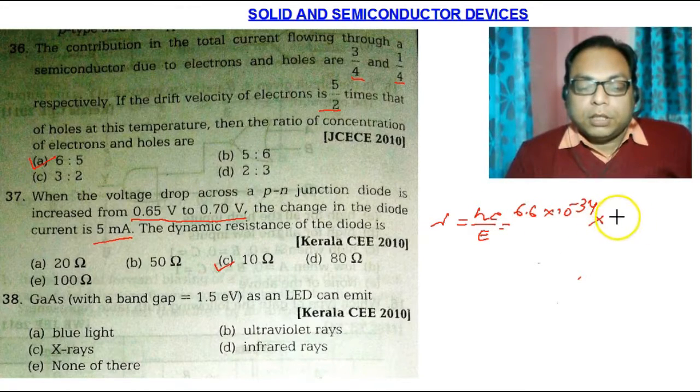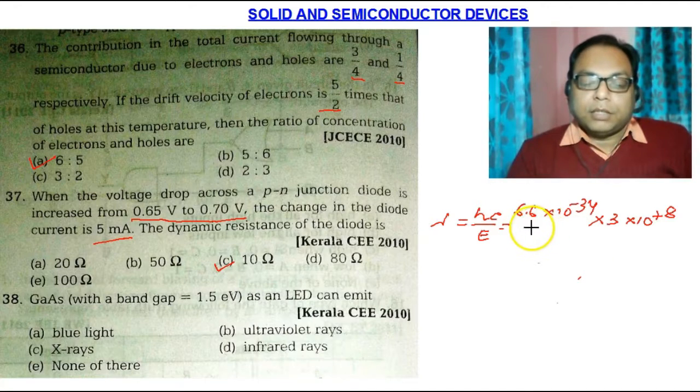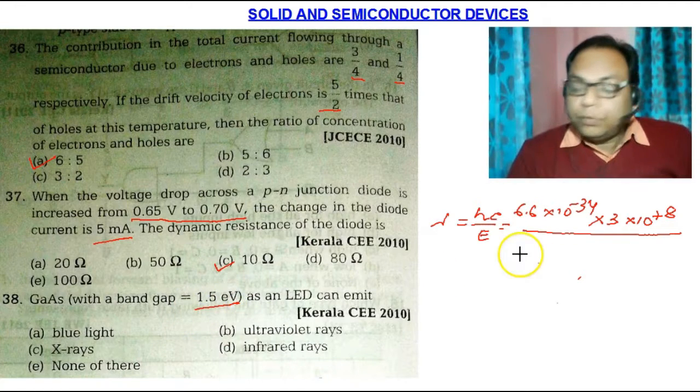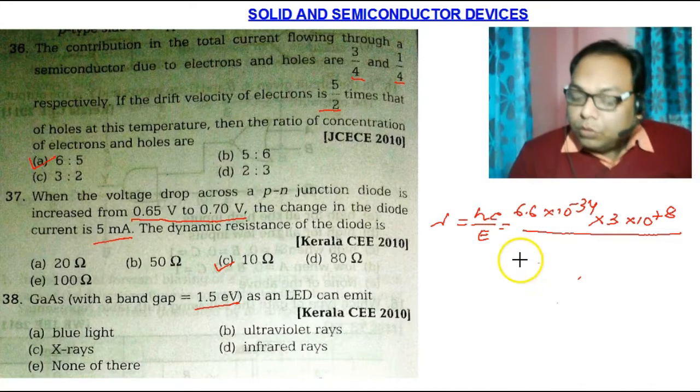For c, 3 into 10 to the power plus 8, this is the speed of light. Now you have to convert 1.5 electron volt into joule, because the unit of the Planck constant you have taken here is in joule.